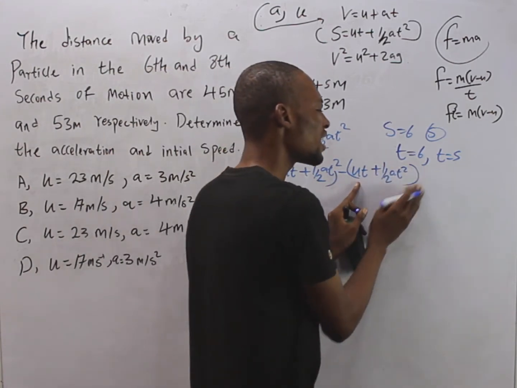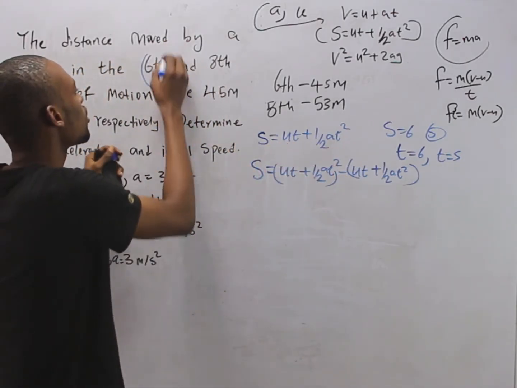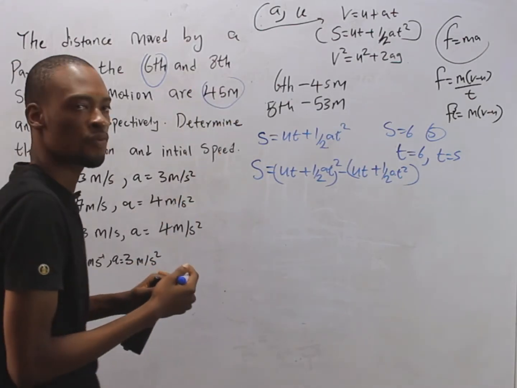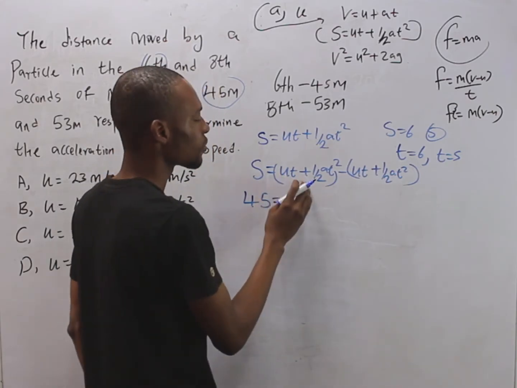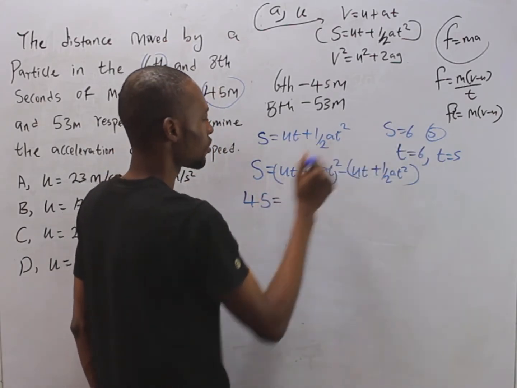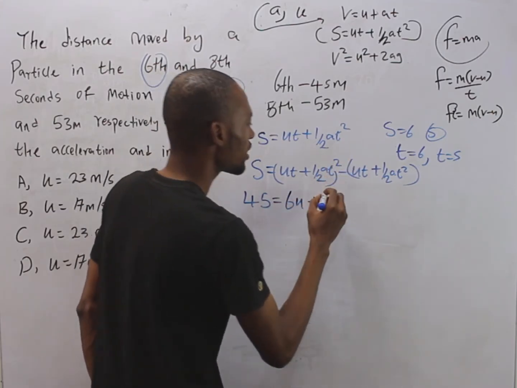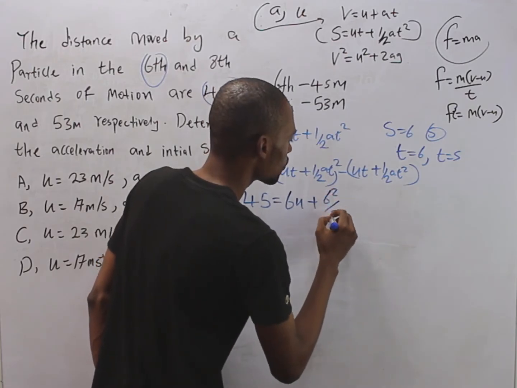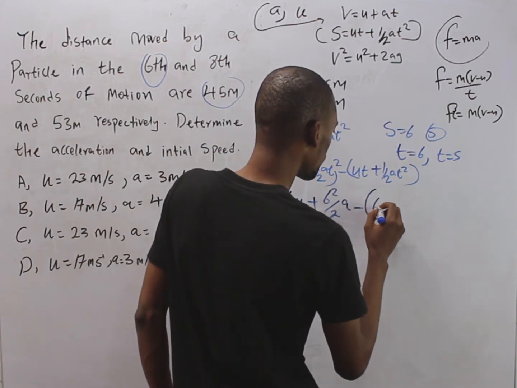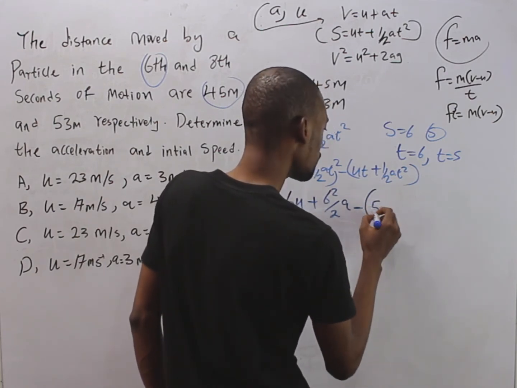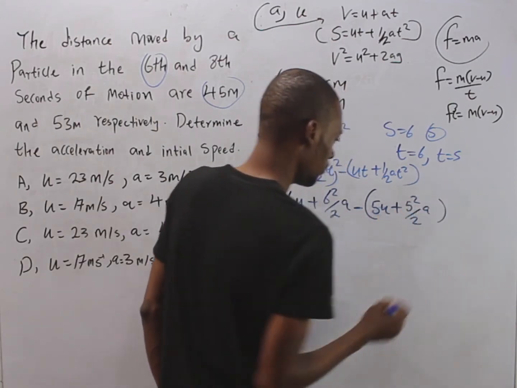This one is the distance covered in 5 seconds. So subtracting them, we get the distance covered in the 6th second, which is equal to 45 meters. So this distance is 45 meters and it's equal to ut. Time here is 6 seconds. So 6u plus 6 squared over 2 a, minus the 5th second, 5u plus 5 squared over 2 a.